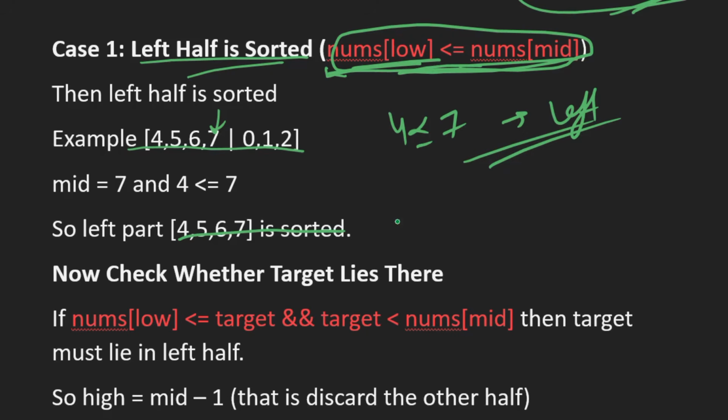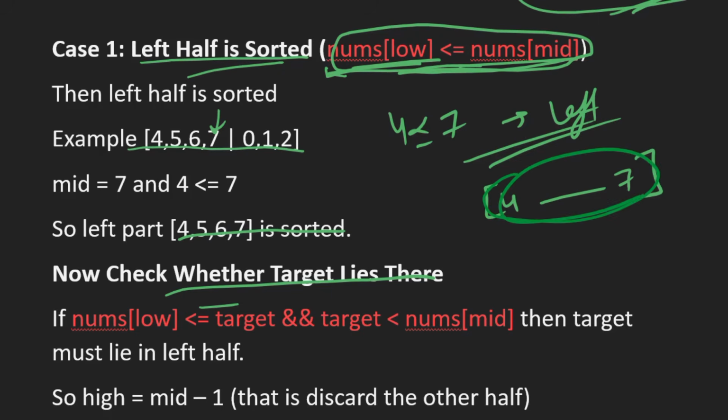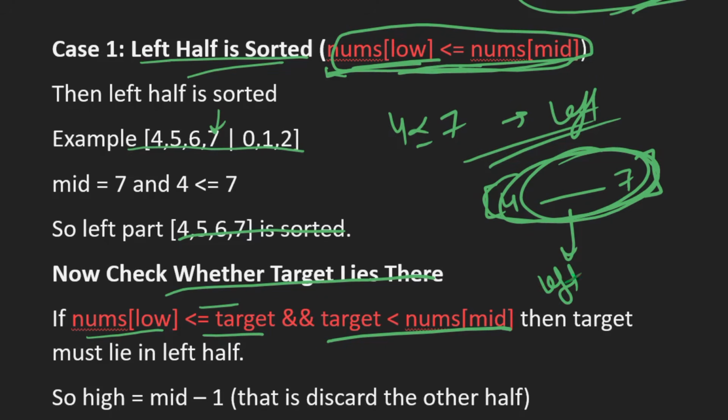Now the next thing we need to do is check whether our target lies in this left half or not. As we know, our low point is 4, midpoint is 7. If our target lies between this range, 4 to 7, that is, nums of low is less than or equal to target and target is less than or equal to nums of mid, then that means our target lies in the left half.